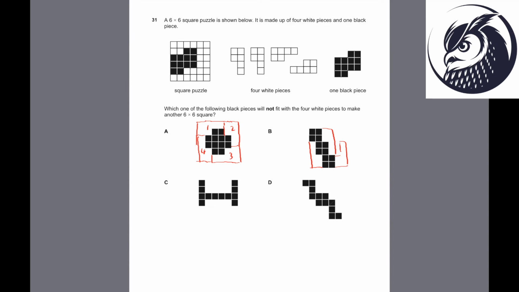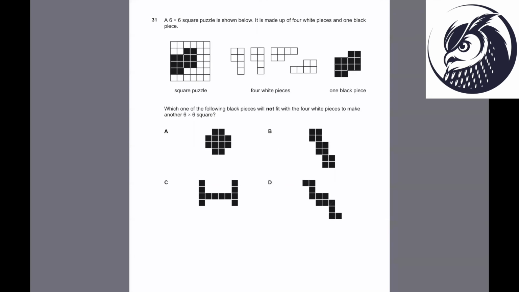Let's just make that a little bit clearer. Right, so you have 1, 2, 3, 4 white shapes around it like that. And then lastly, you have option D, which looks like something like this. So 1, 2, 3, 4. And again, you can see that you can create a perfect square there. So that leaves us with the best answer of C here.